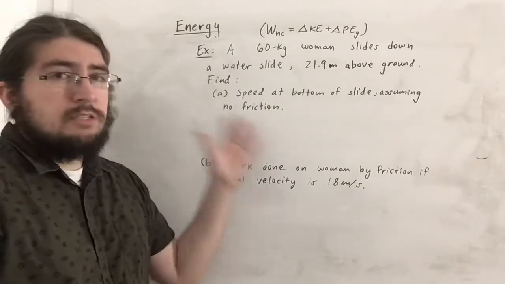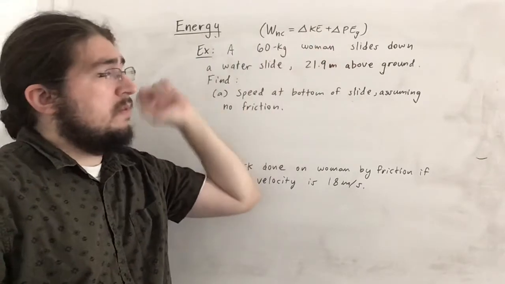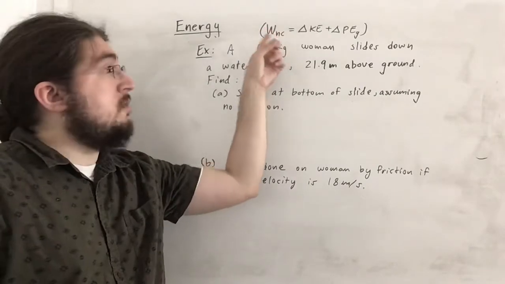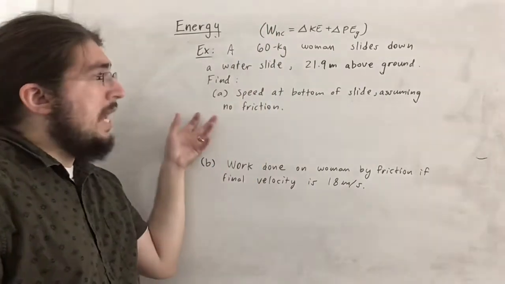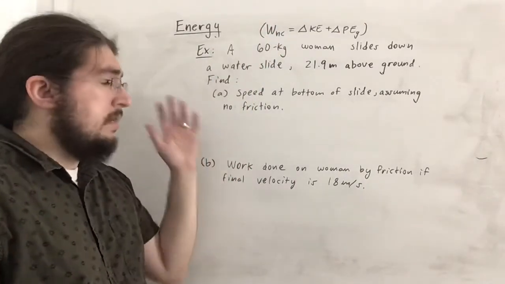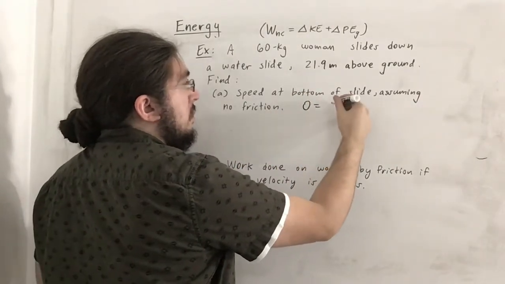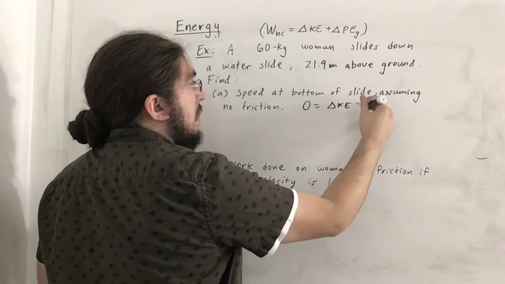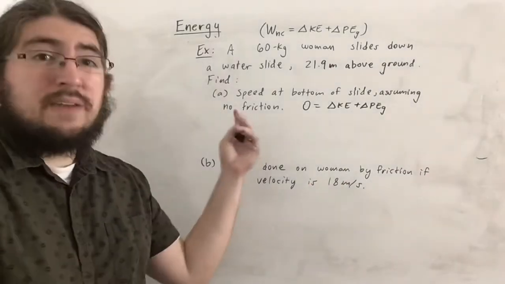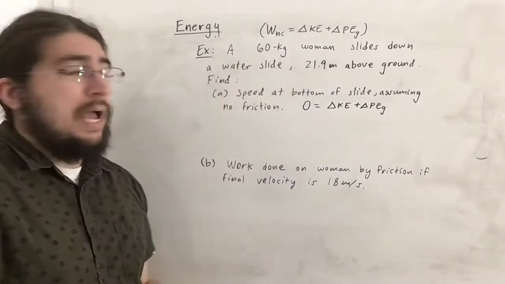Okay, good. Now let us remind ourselves of one of the results of the Work-Energy Theorem that's kind of like conservation of energy, but here we're not assuming W_NC is 0. For A, we are assuming it's 0, because if we're considering this to be our friction, then that's 0. So the equation we'll be using is this: 0 is equal to delta KE plus delta PEG. I'm going to expand this out in general, and then see if we can solve for what we want and apply what we have been given.